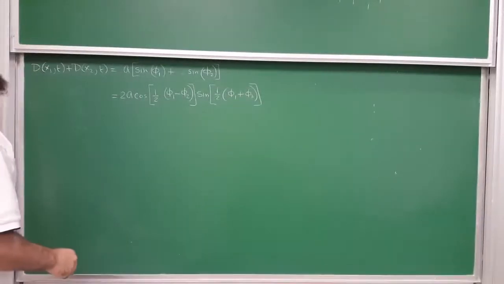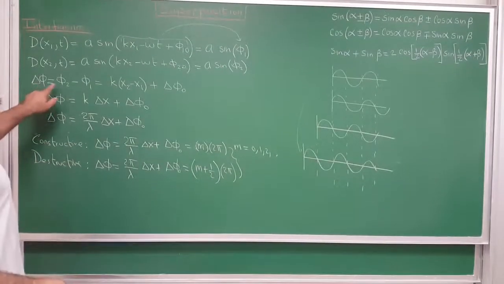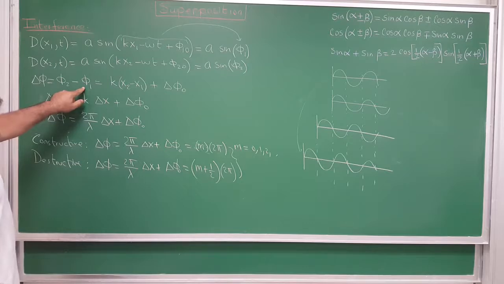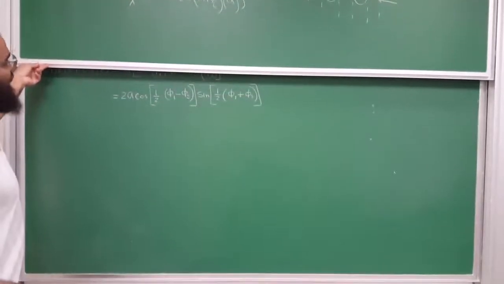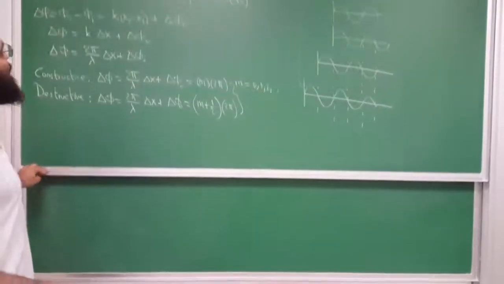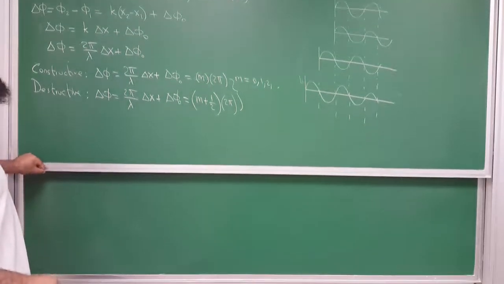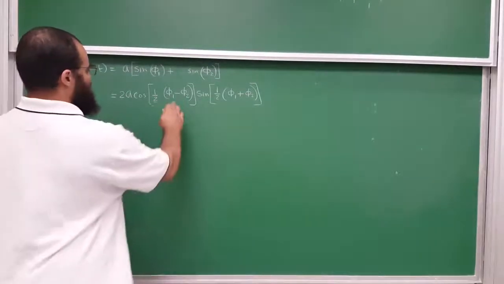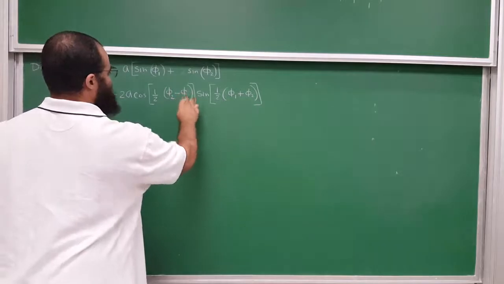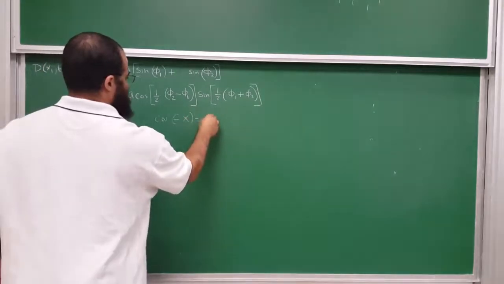And so remember what phi 1 minus phi 2 was. Oh yeah, the cosine. It doesn't matter actually. The cosine is an even function. Cosine of a minus b or b minus a will be the same, because cosine of negative x is the same as cosine of x.